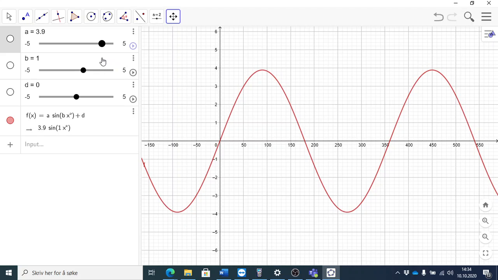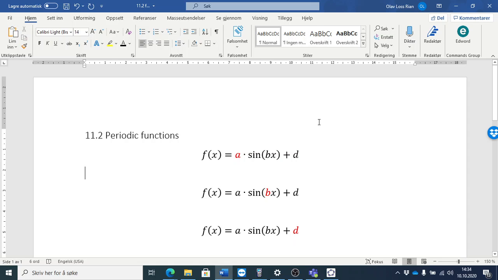Notice that the amplitude is identical to the a value. So when a is 4, the amplitude is also 4, because the amplitude is the vertical distance from a maximum point to the main axis, right? So we could write that the a parameter changes the amplitude of the function.